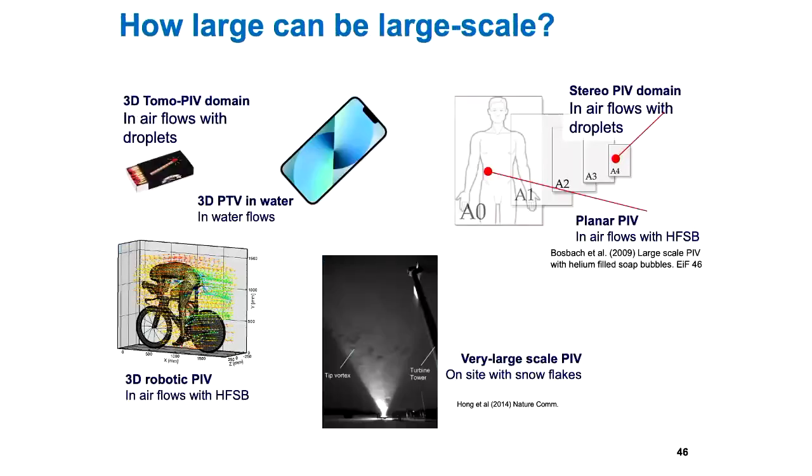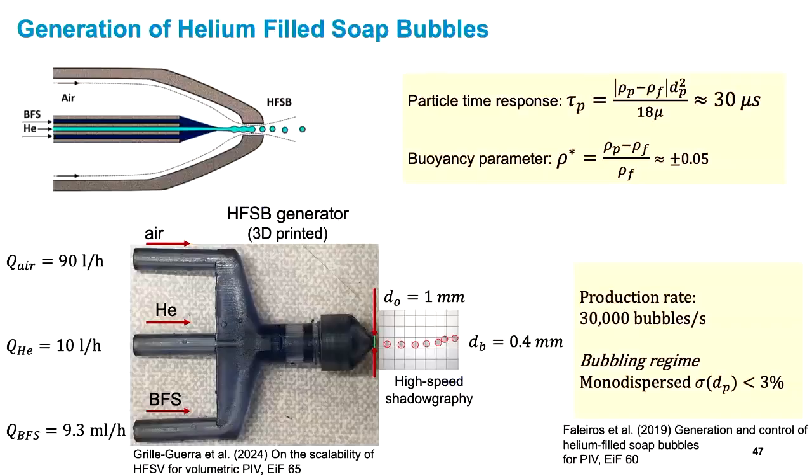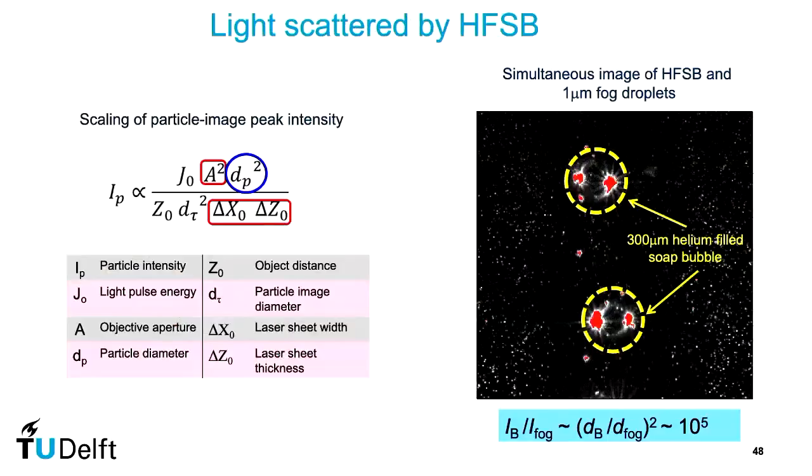In order to obtain this large scale, we need to scale up the seeding, and helium-filled soap bubbles have been the solution we have mostly engineered. Some people have done it even in the open field with snowflakes, but snowflakes have an important bias in terms of slip velocity. The beauty of this type of tracer is that they scatter 100,000 times more light than an individual droplet.